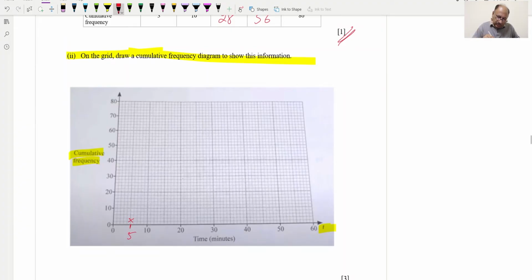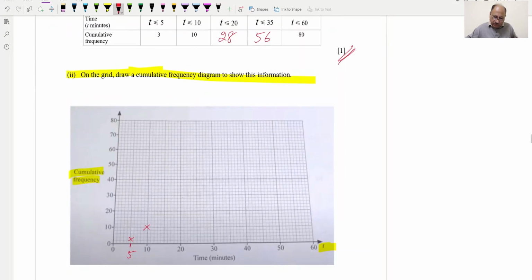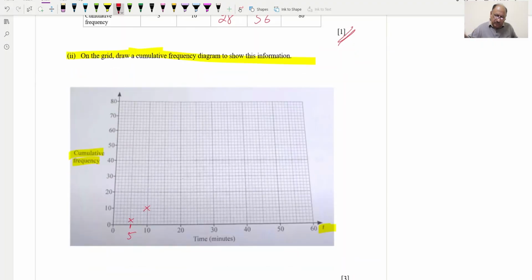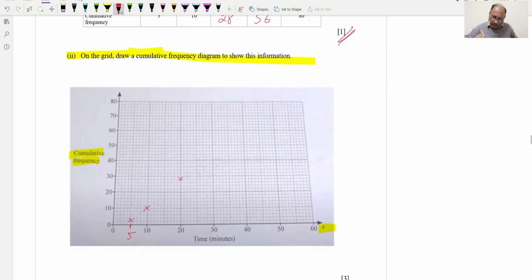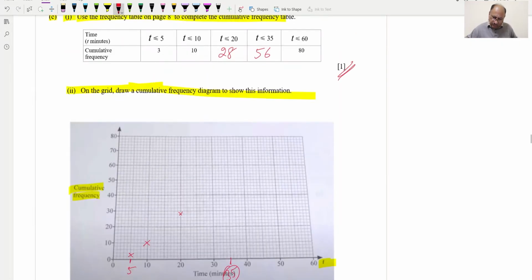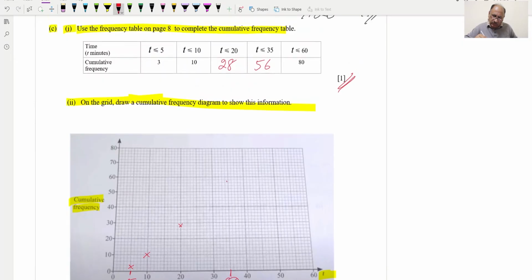So 10 and 10 will be this point, and next point is 20, 28, 20 and 28 will be this point, and next is 35 and 56. So 35 will be this 35 mark, and 56 is this one, so 56 also mark, and 60 and 80, and 60 80 is this one.